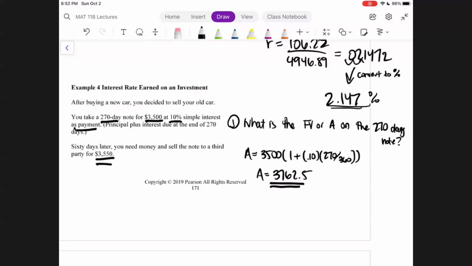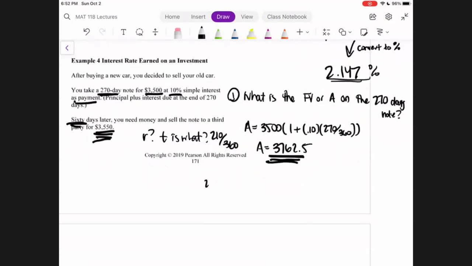Okay, so we're going to use this as our new future value. This is our new present value. Okay, I don't know what R is, but the T is what? So if it's 60 days later, how many days technically are left to pay off this note? If there's 270, I take away the 60, I get 210. So it's 210 over 360. Okay.